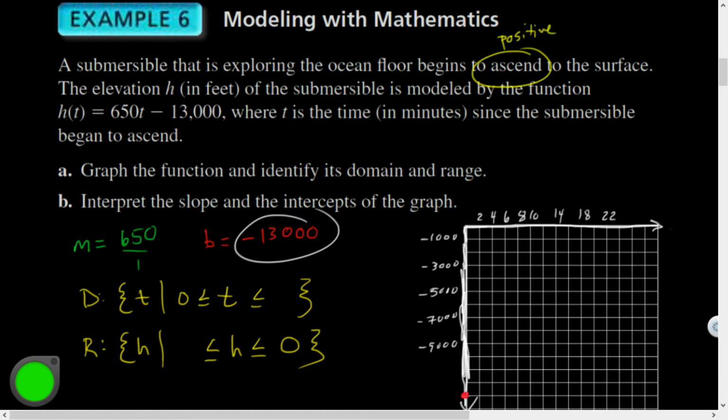So that means it's going to go up 650, which is not a full 1,000, and over 1, which is only half a block. Okay, and then up another 650, which is a little more than that, it'll go over that 12,000 foot depth, and then over another half a block.